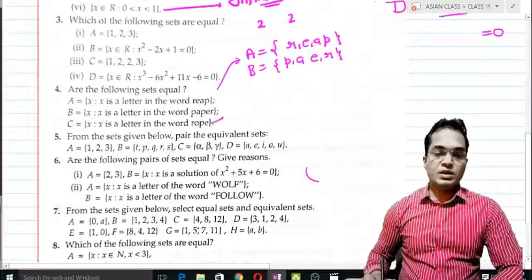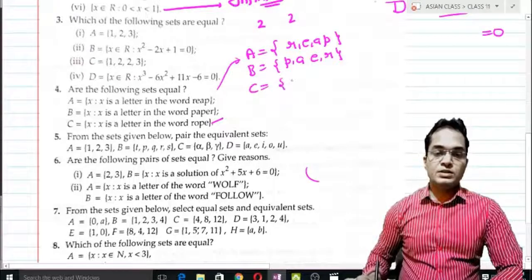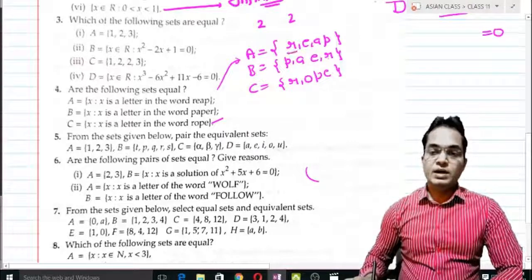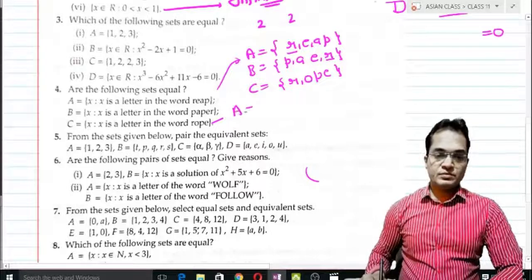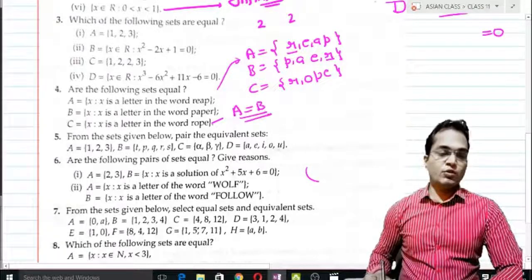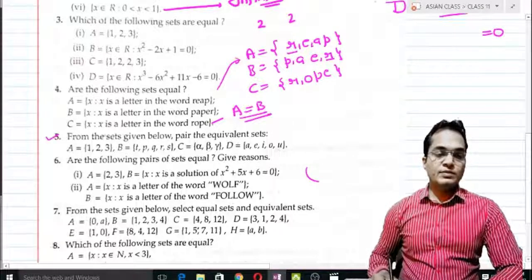Then rope is ROPE. It is common with REAP, so A equals B. They are equal.